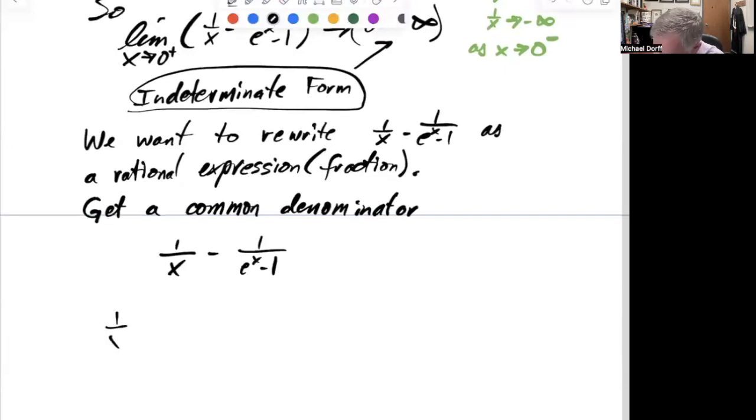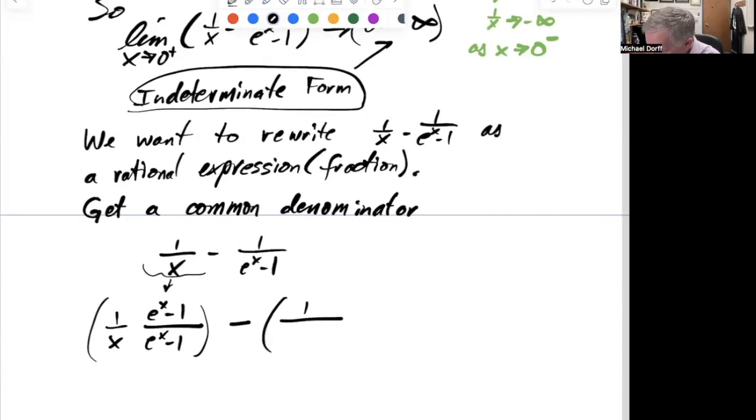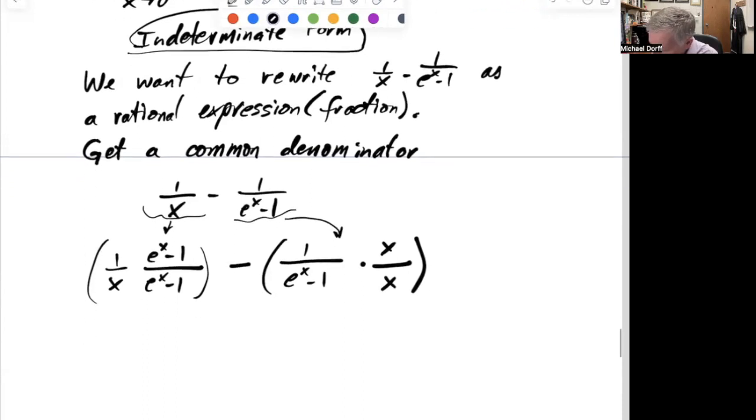So I have 1 over x. I want to multiply that denominator by e to the x minus 1, so I have to multiply the numerator by that. So that's what this part is. And then here, I'm going to have 1 over e to the x minus 1, and I want to multiply the denominator by x, so I'm going to multiply the numerator by x. And so this part is this right here.